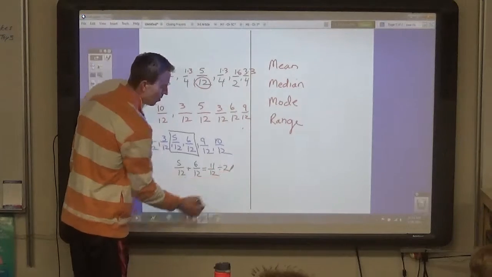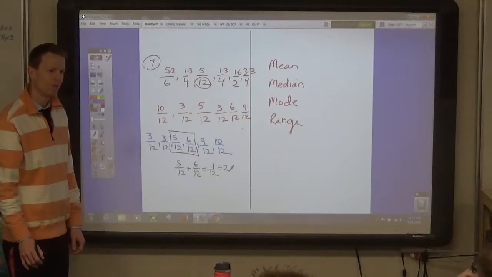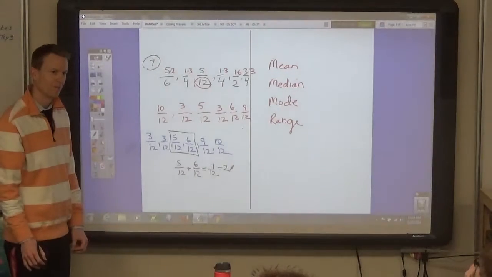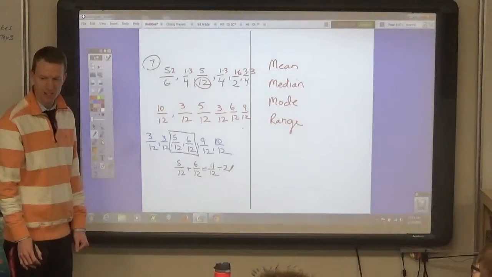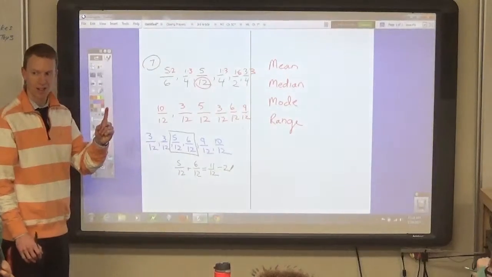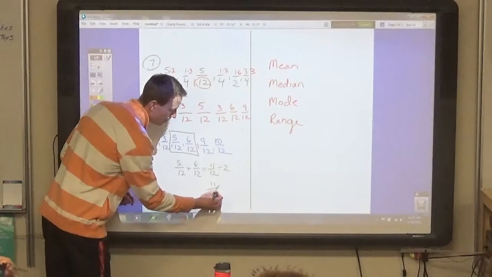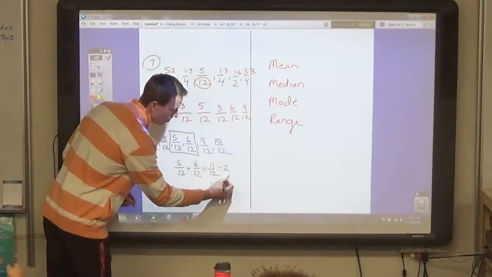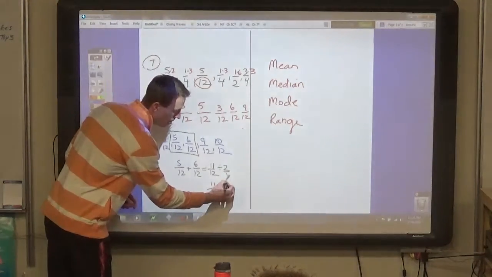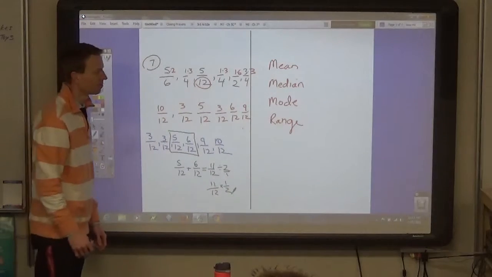Divided by 2 is the same as multiplying by 1/2, right? Because 2 over 1 becomes 1 over 2.